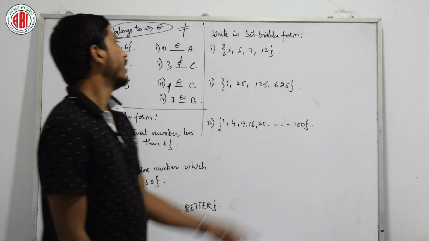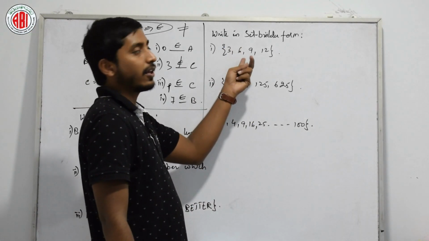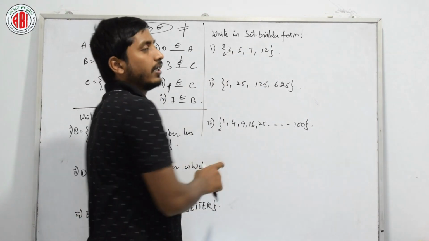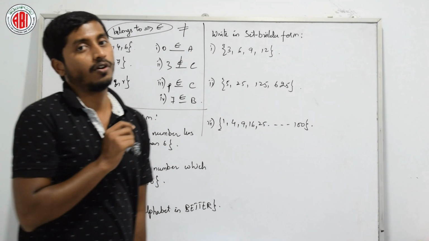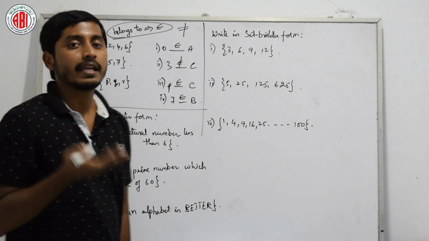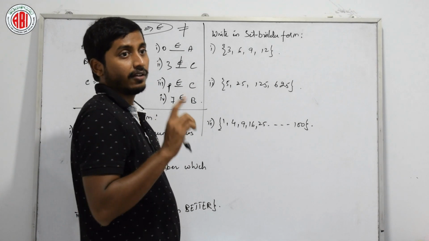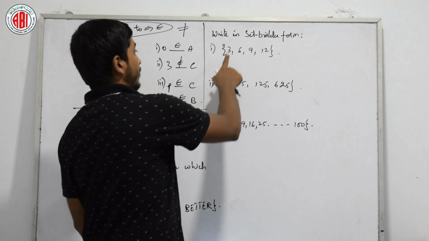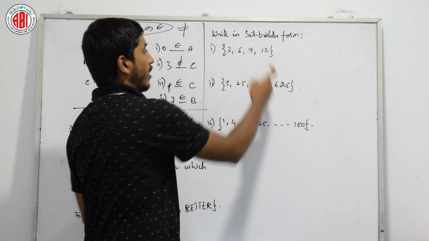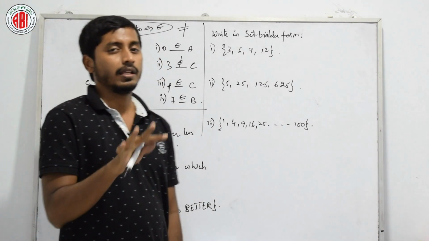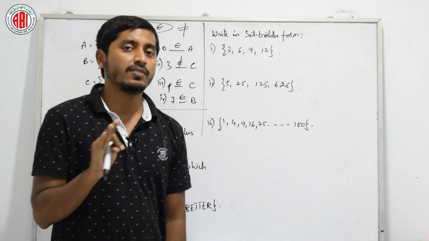See here, he is asking us to write this particular set in set builder form. In which form is it given? It is in roster form. Then we have to write it in set builder form. Before writing that, we have to check the terms 3, 6, 9 and 12. Is there any common connection between these four?